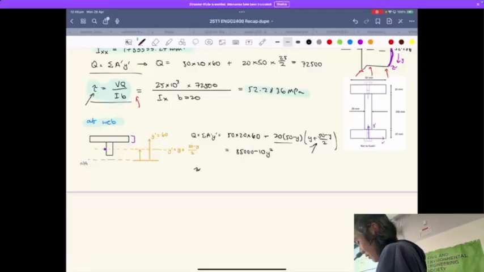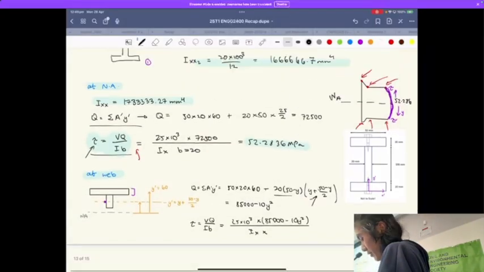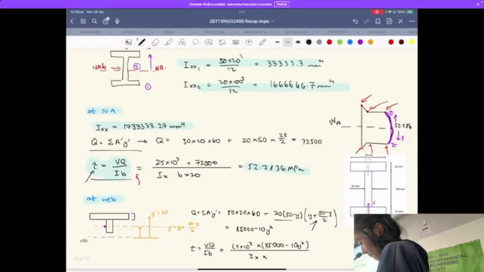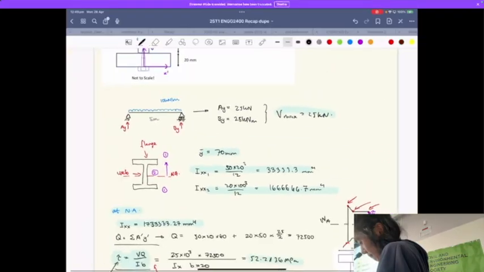So you get tau is equal to VQ over IB. And it will look something like 25 times 10 over times 85, 100 minus 10y, over Ix times the breadth of the web, which is 20.